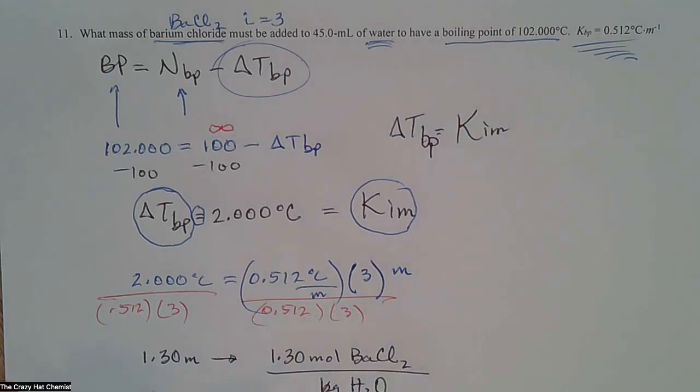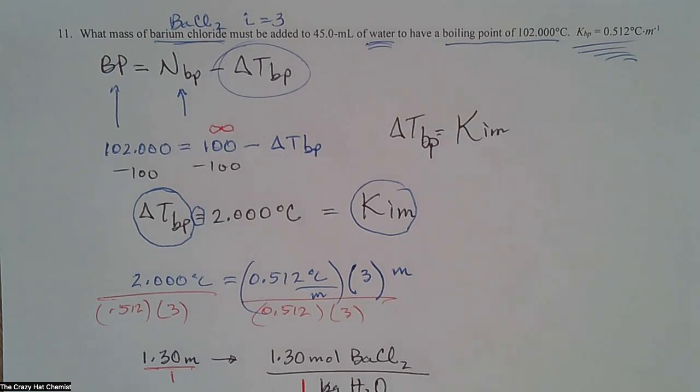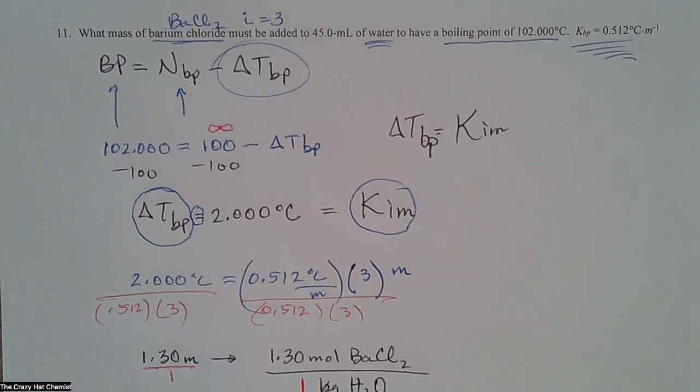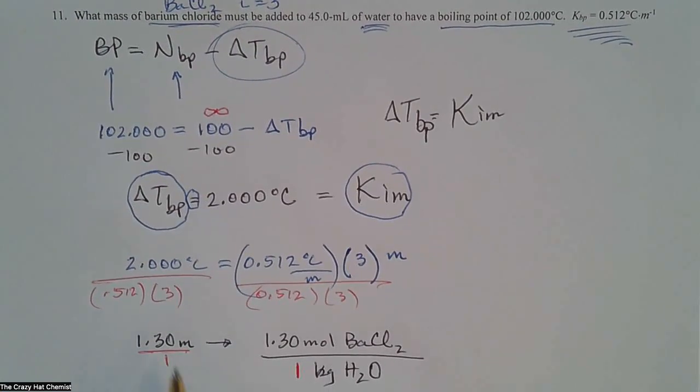What is the denominator of this number? 1. What is this denominator? 1. All right. Hopefully that works for you. Okay. Wait a second. Maybe that didn't work for you because maybe you didn't see all that. So I'm going to slide this up. What's the denominator for this number? 1. What's the denominator for this when I break it up into its moles per kilogram? 1 in the denominator.